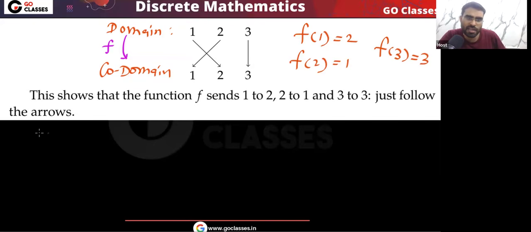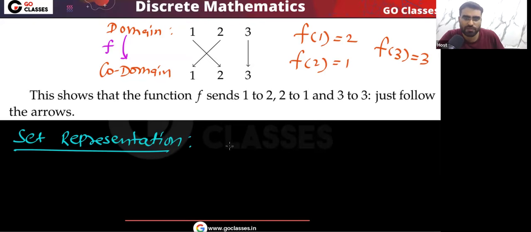This same function f, you can represent using set representation also. Let me tell you the set representation of f. It will be like this. Basically, function is also a set, remember. Function is also a set which contains ordered pairs.